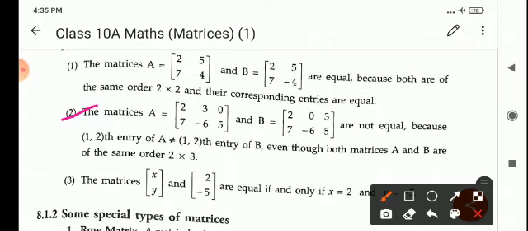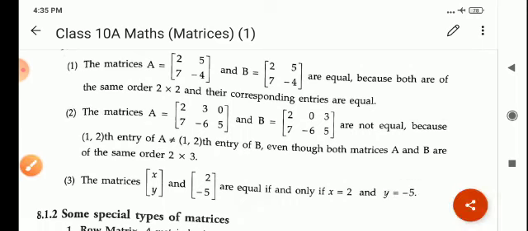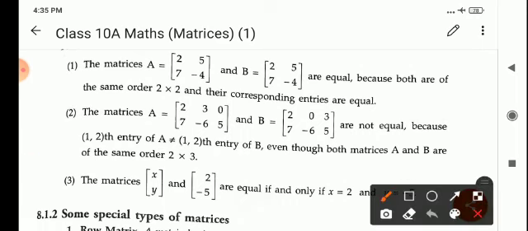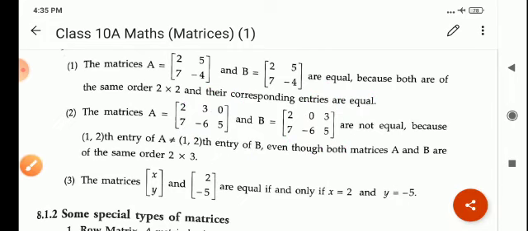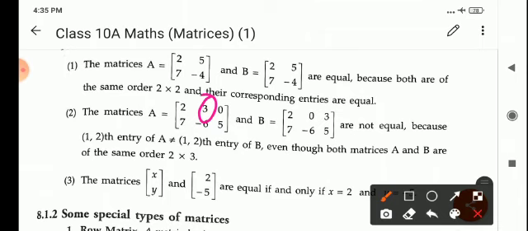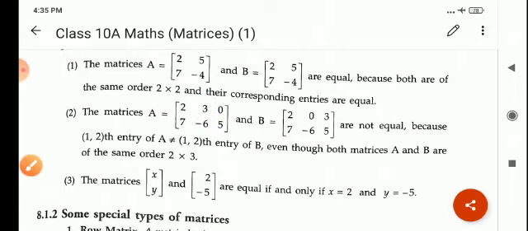Therefore, both matrices are not equal. Listen: only 3 and 0 are not equal. Therefore, matrices are not equal.